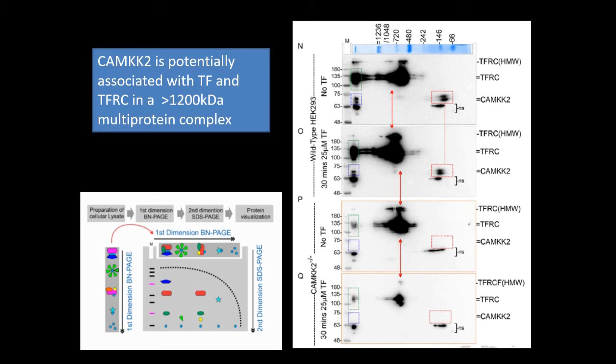Two-dimensional blue native PAGE electrophoresis was adopted to study the protein-protein interactions involving CAMKK2, CAMK4, transferrin, and transferrin receptor during transferrin trafficking. In blue native PAGE, the proteins and multiprotein complexes are separated under native conditions in a gradient first dimension gel.